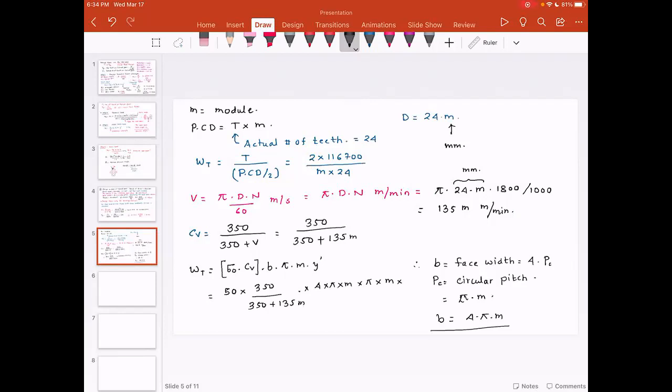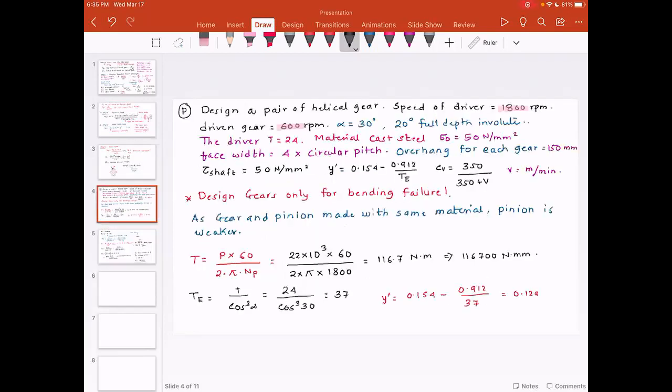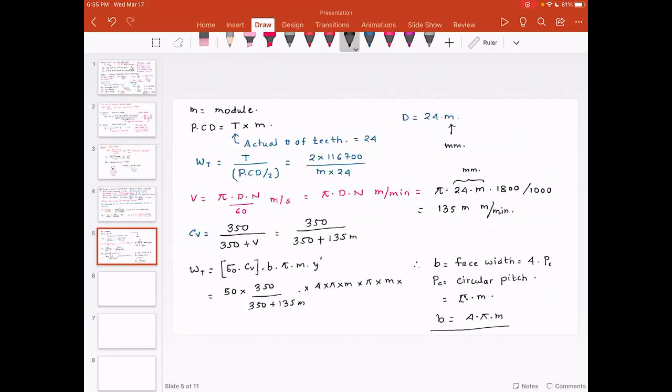And to find y prime, we already looked at it. You have to use the equivalent number of teeth and the Lewis form factor equation, 0.129. And this equation needs to be solved using some sort of trial and error or using a calculator.